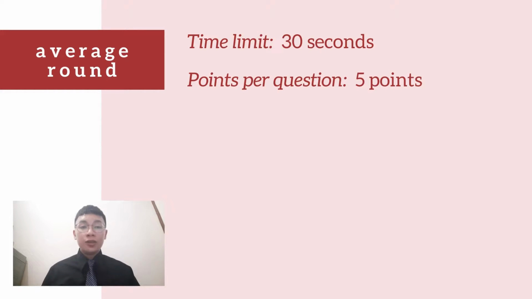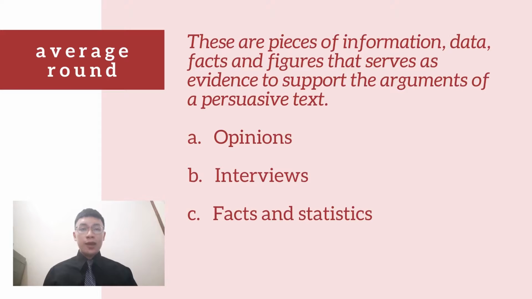Each question is good for 30 seconds and is worth 5 points. Average question number 1. These are pieces of information, data, facts, and figures that serve as evidence to support the arguments of a persuasive text. A. Opinions. B. Interviews. Or C. Facts and statistics.